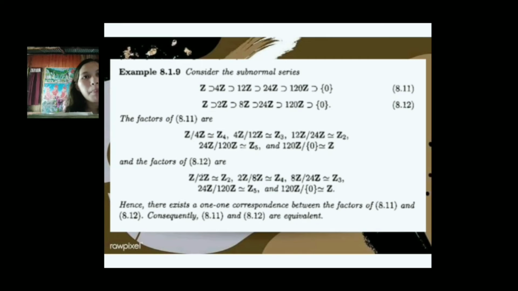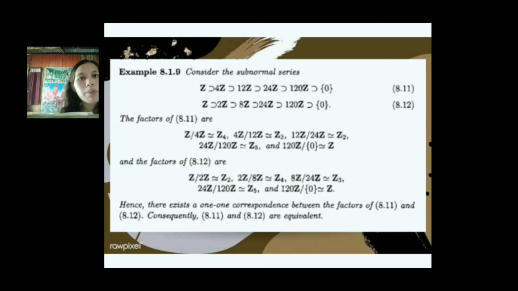Example 8.1.9. Consider the subnormal series Z ⊇ 4Z ⊇ 12Z ⊇ 24Z ⊇ 120Z ⊇ {0} (8.11) and Z ⊇ 2Z ⊇ 8Z ⊇ 24Z ⊇ 120Z ⊇ {0} (8.12).